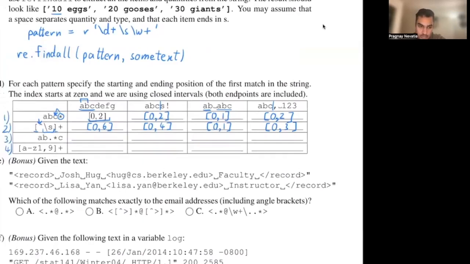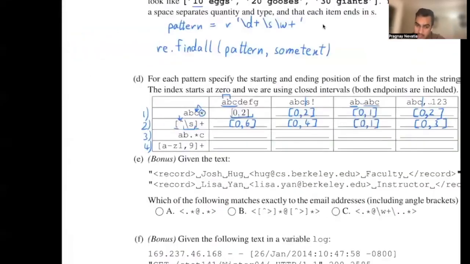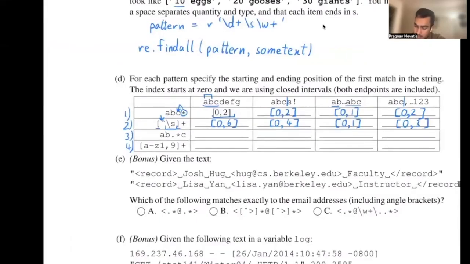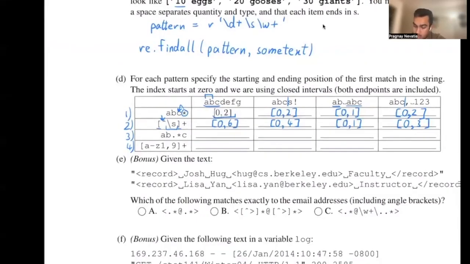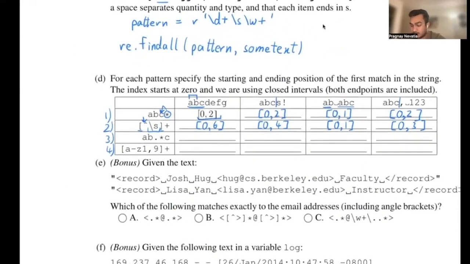Okay, so let's go to the third row. Here you have AB dot star C. This might seem similar to the first row, but the dot, the period sign, is actually very powerful in regex.